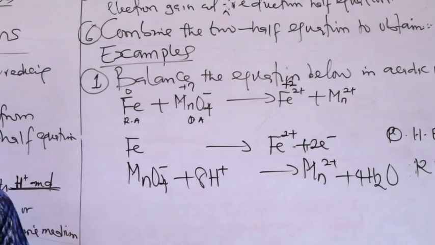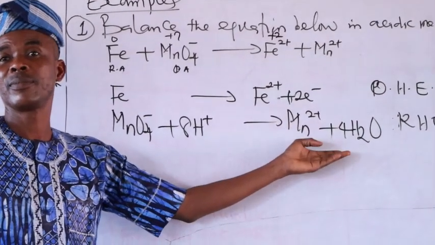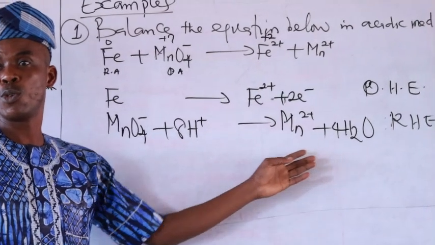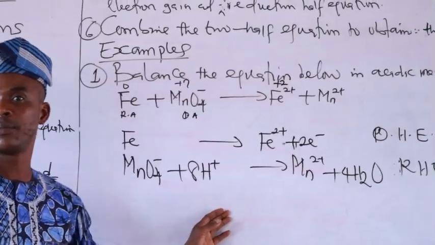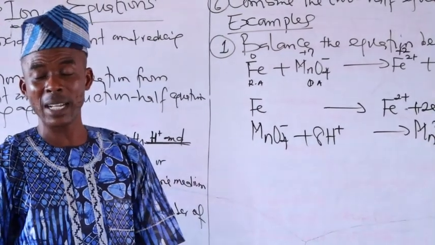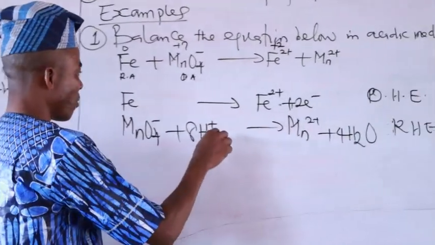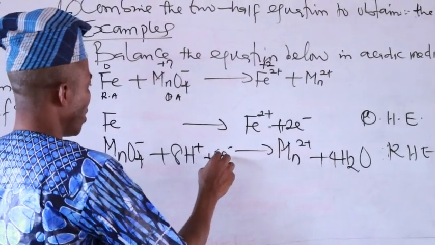Minus 1 plus 8 will give us 7. What total charge do we have here? That is plus 2. What is the difference between the charges now? 5. We are going to add 5 electrons. Where will that electron be added? At the left hand side. So we have plus 5 e minus.